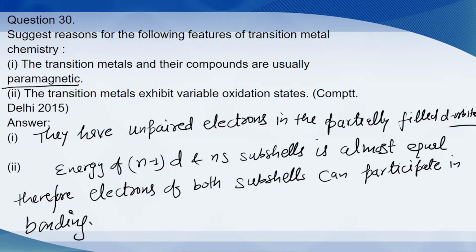So why are they showing variable oxidation state? Because of the participation of n-1 d and ns electrons.